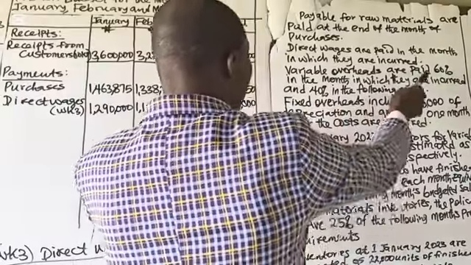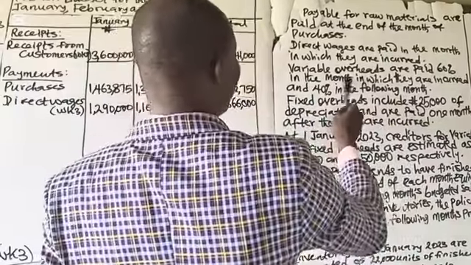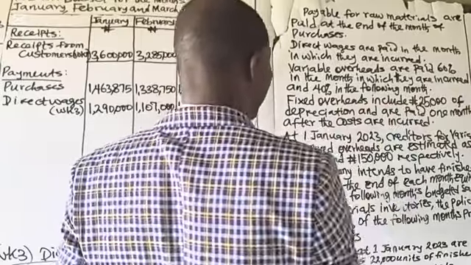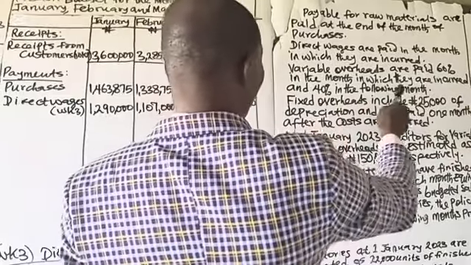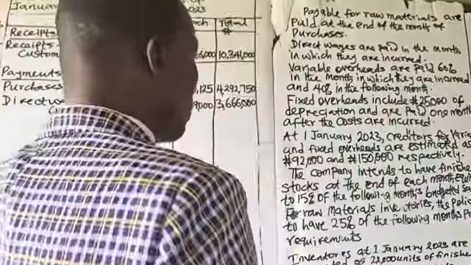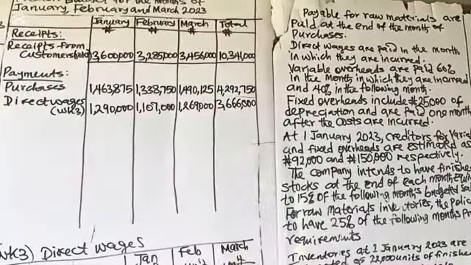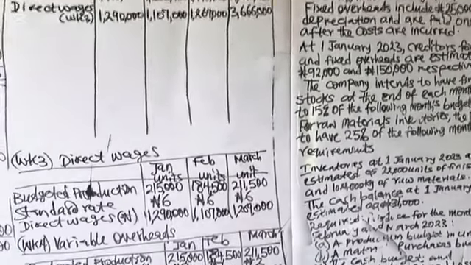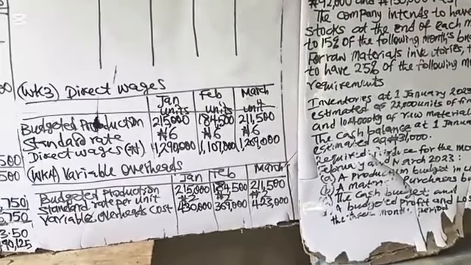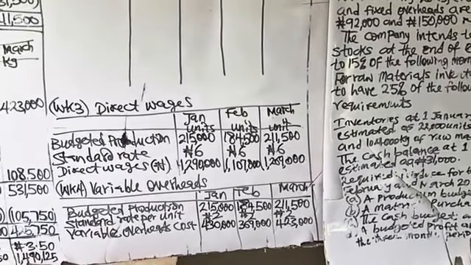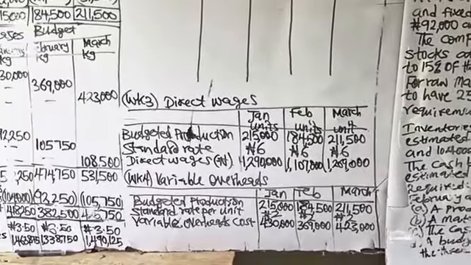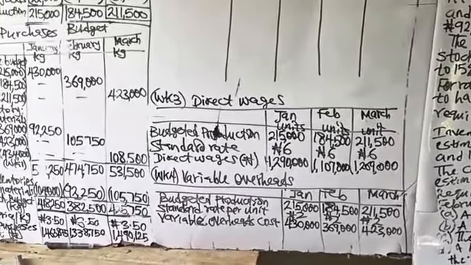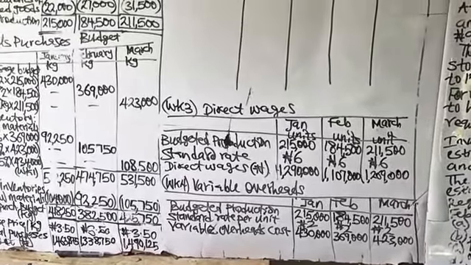Variable overheads are paid 60% in the month in which they are incurred and 40% in the following month. So 60% will be paid in the very month those variable overheads were incurred, and another 40% will be paid in the following month. So we want to apportion the variable overheads on the basis of their time lag.